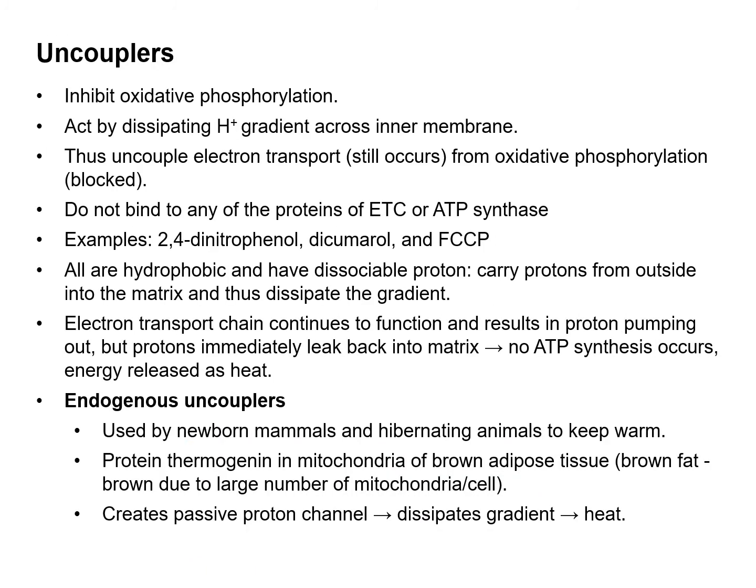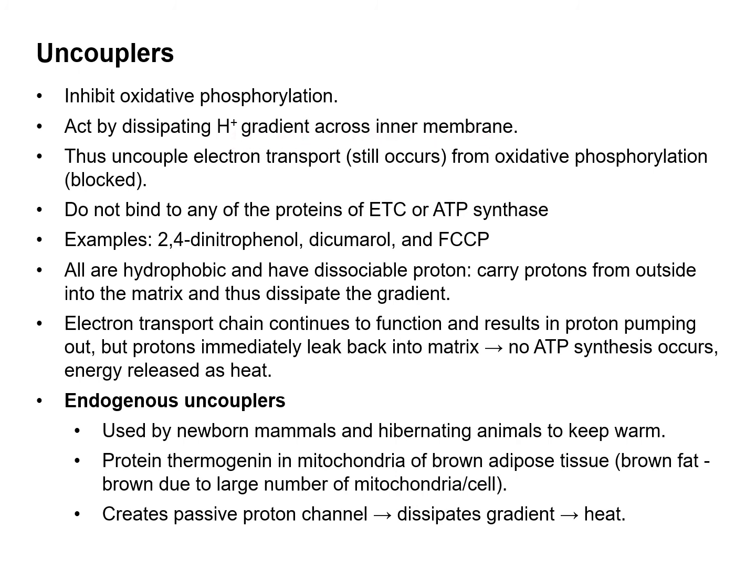Uncouplers are proteins or compounds that uncouple the electron transfer process and the ATP synthesis. These uncouplers basically inhibit oxidative phosphorylation, and they act by dissipating the proton gradient across the inner membrane.